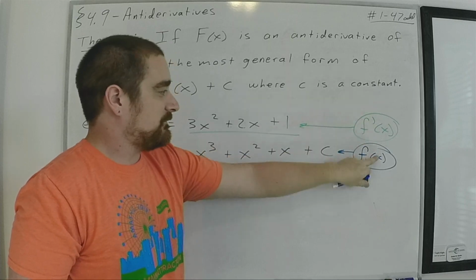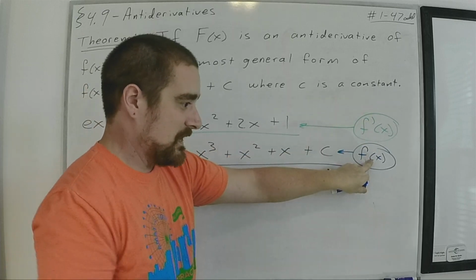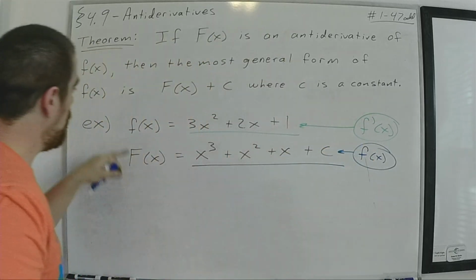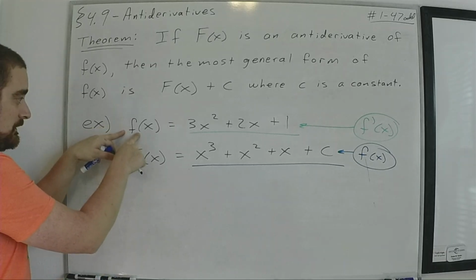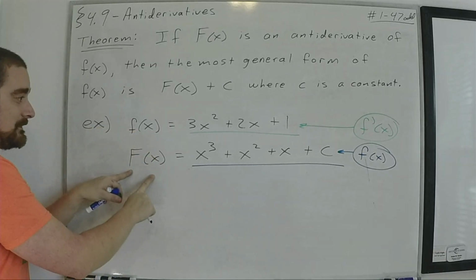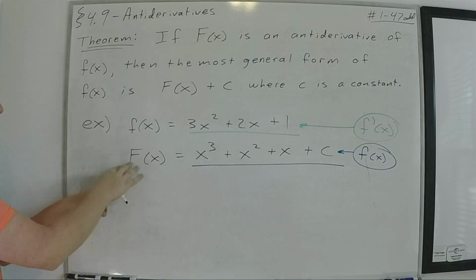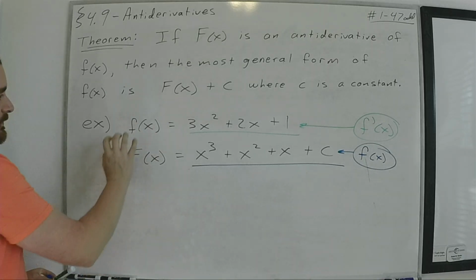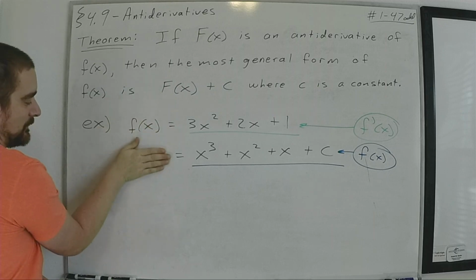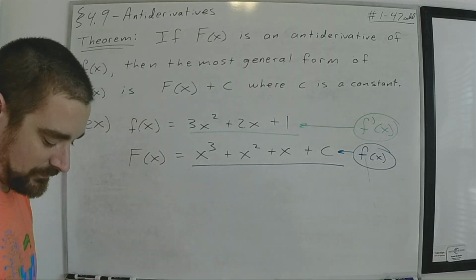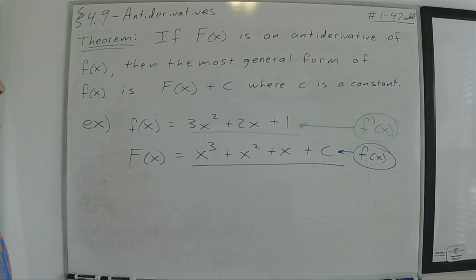Now we're ignoring the fact that we're starting with this function and differentiating. We're starting with this function and finding the antiderivative going up. And that's why they use this capital F notation. But essentially that's what you're doing. You're starting with a derivative and recovering an original function from that derivative versus starting with the function and getting the derivative out of it.